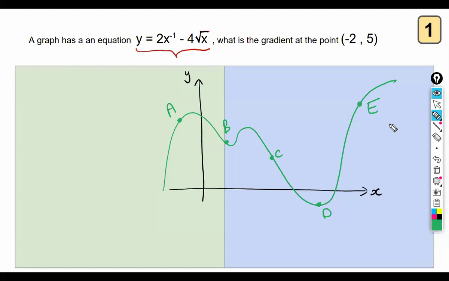So, a long time before differentiation was invented, giving you a little story here, remember the only thing you know how to find the gradient of is a straight line, right? So remember how you find the gradient of a straight line. M is gradient. Gradient and dy dx is the same exact thing. How would you find the gradient of a straight line? y2 minus y1 divided by x2 minus x1.